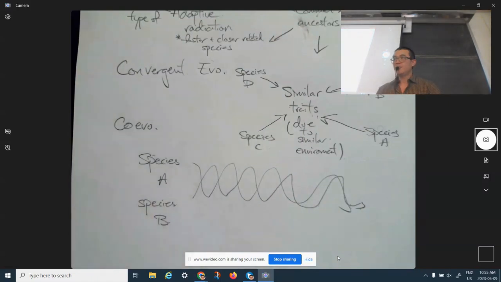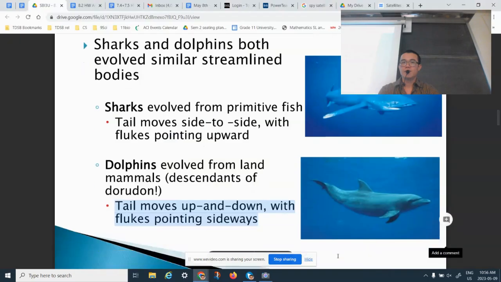And it can happen whether it's a one-sided relationship, okay, parasitism, or herbivory. Or you can talk about a mutualistic one, so both sides are benefiting from the relationship.